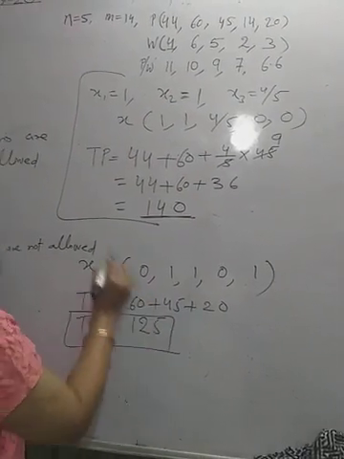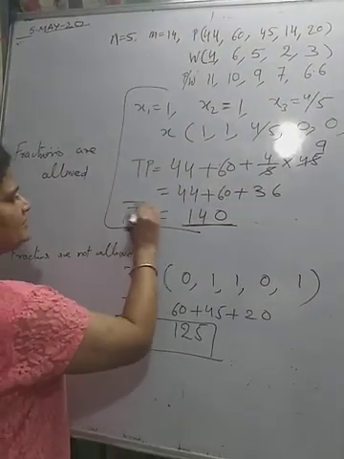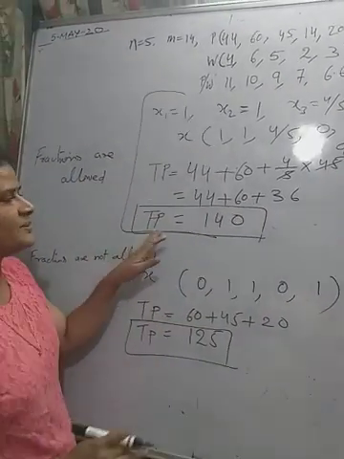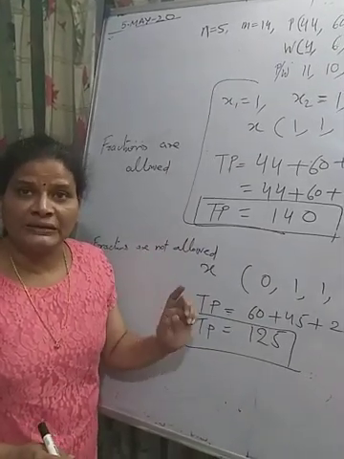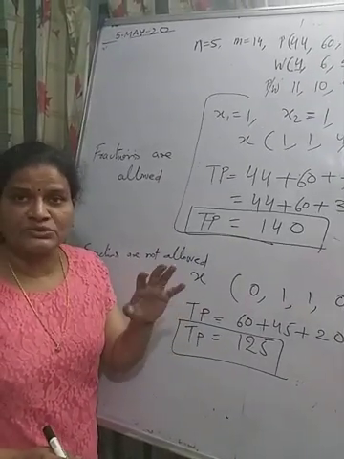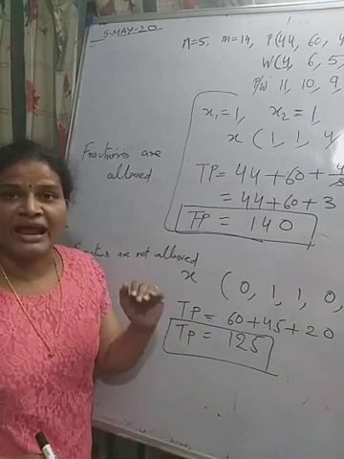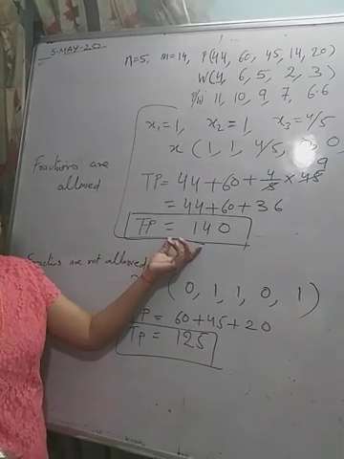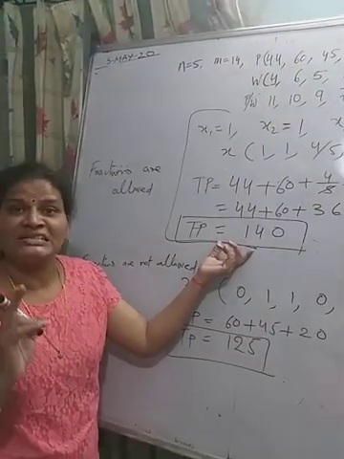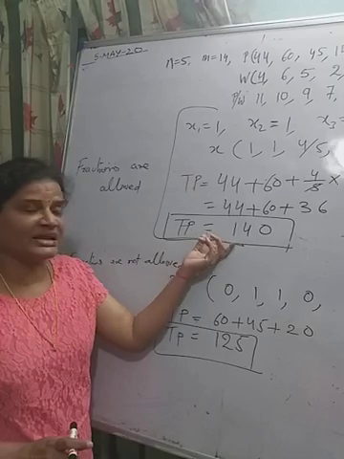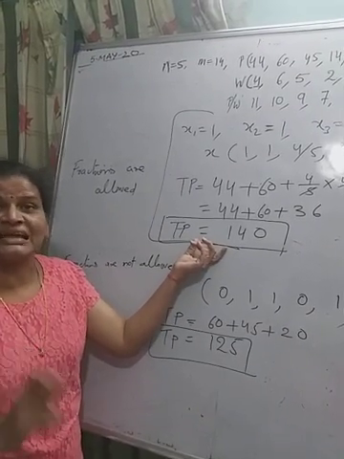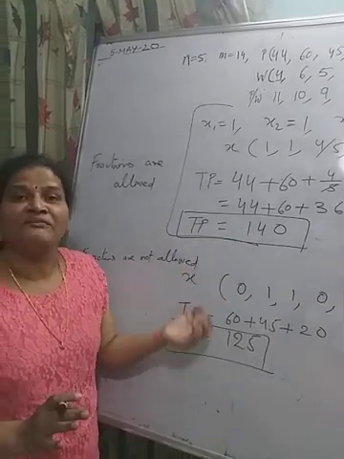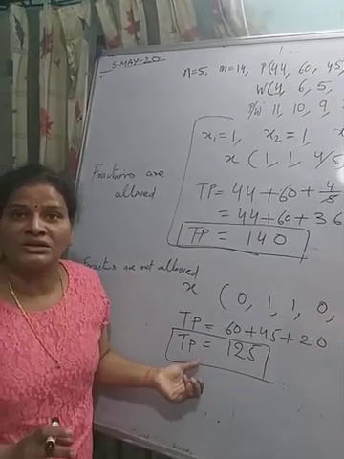See what I am saying, first of all you understand this well, then you will never have a problem later: in the knapsack problem, if fractions are allowed, then the profit achieved is always maximum. Profit achieved is always greater than or equal to the profit achieved when fractions are not allowed.